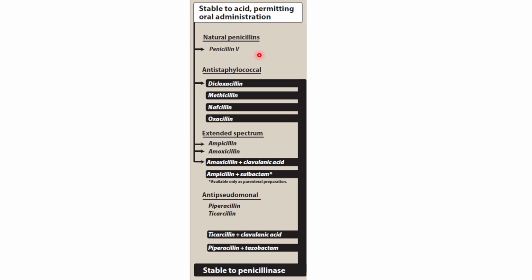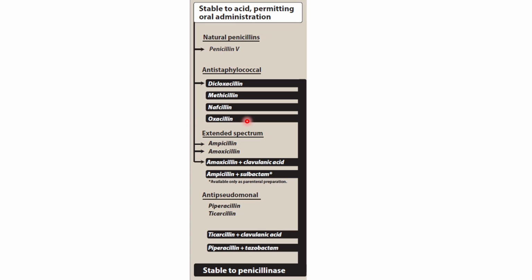But for example, natural penicillins are destroyed, like penicillin G. Penicillin V is stable, but is not available in Russia. So these are stable to the penicillinases: dicloxacillin, methicillin, nafcillin, and oxacillin.